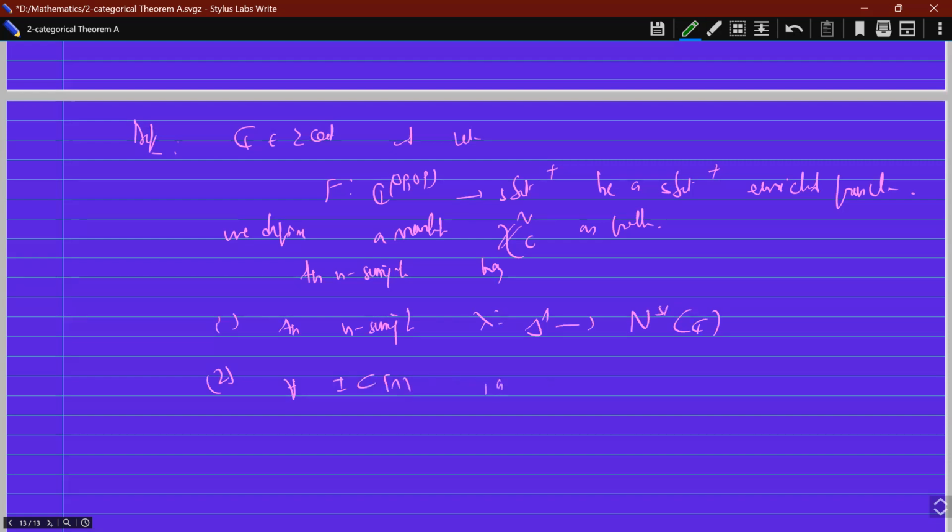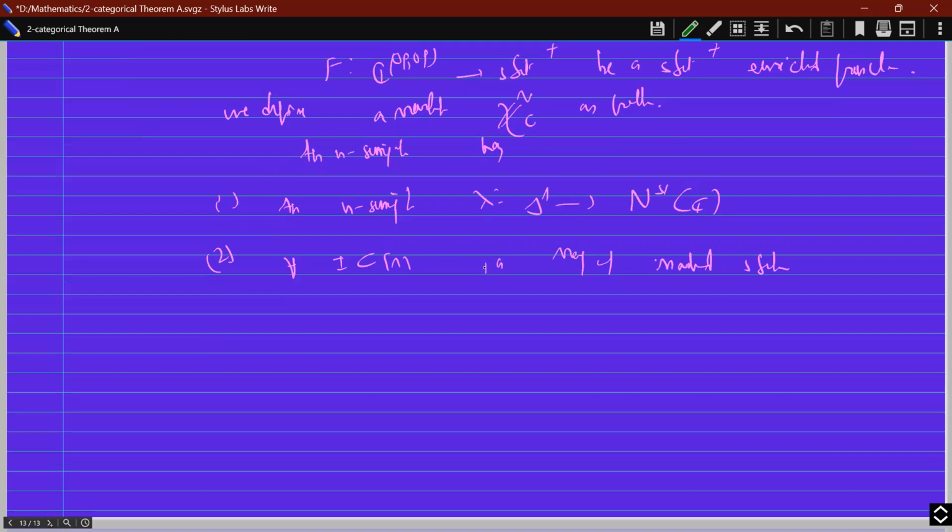Again, for substance, we have a map of marked simplicial sets. We have, so this is where it changes. So this is the hatch that I define.